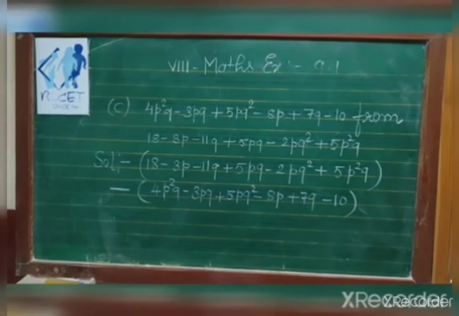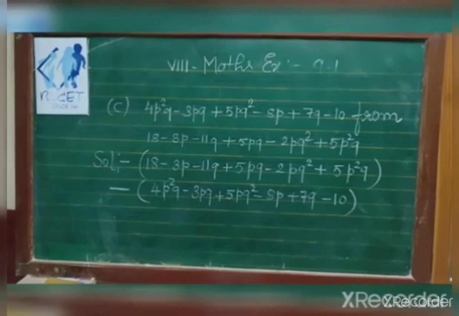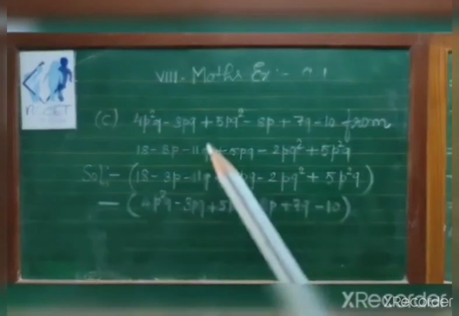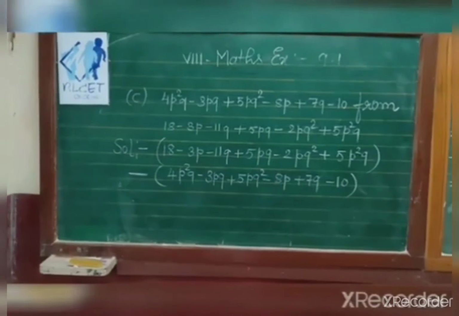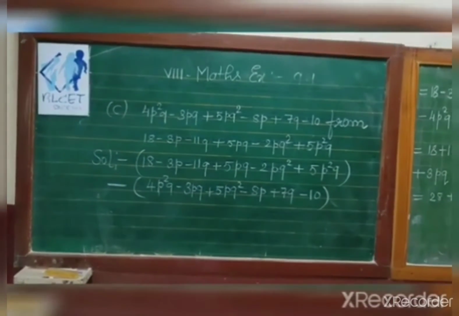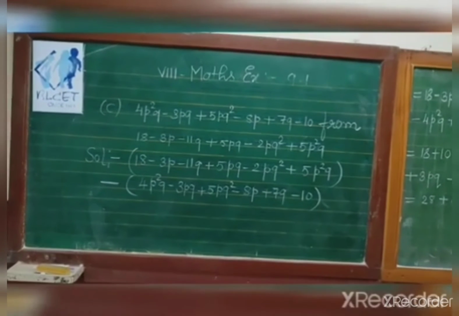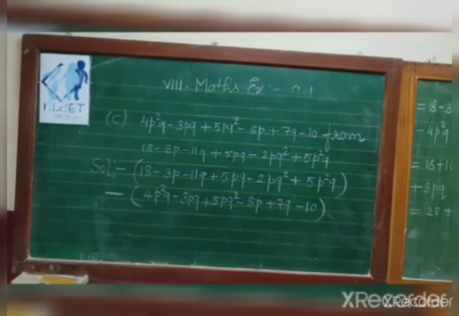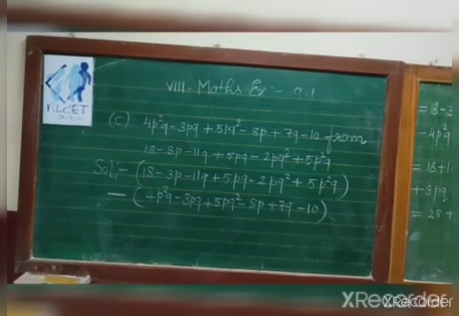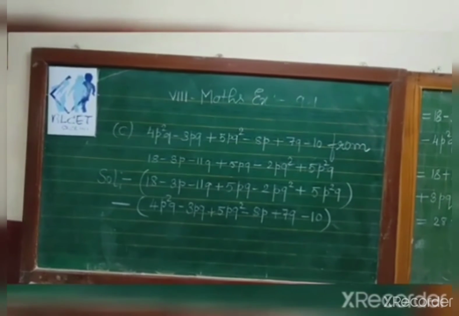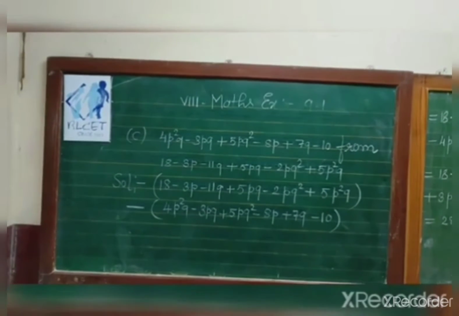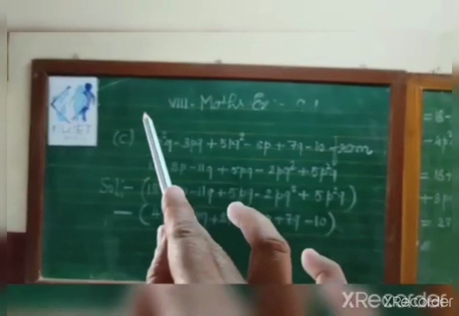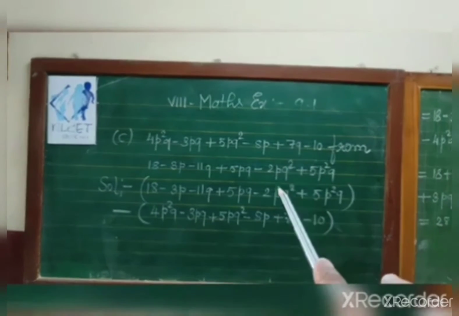Now I am solving for you sub-question C of question number 4, subtract. Subtract 4p square q minus 3pq plus 5pq square minus 8p plus 7q minus 10 from 18 minus 3p minus 11q plus 5pq minus 2pq square plus 5p square q. That means we have to subtract this polynomial from this polynomial.